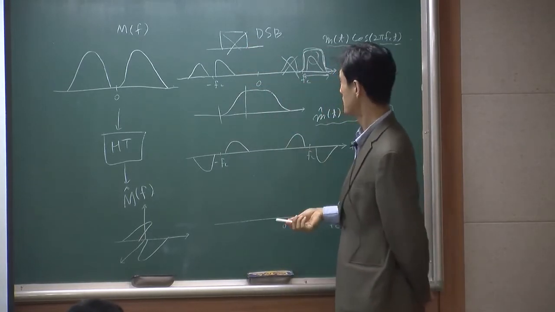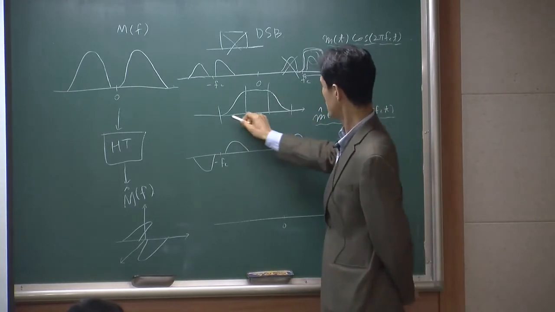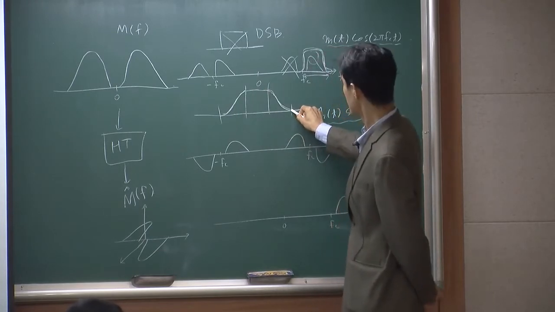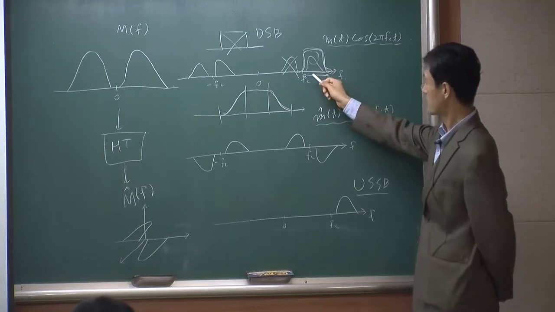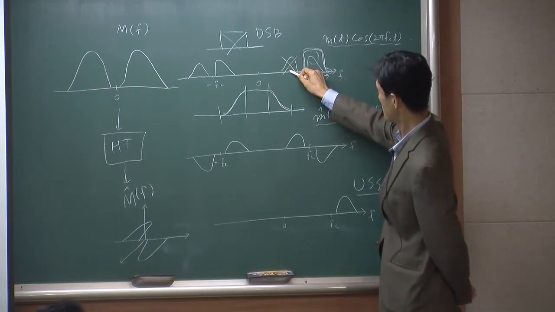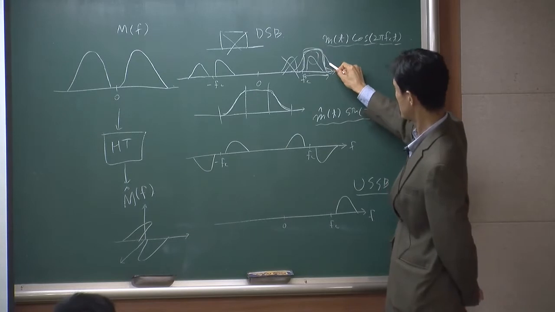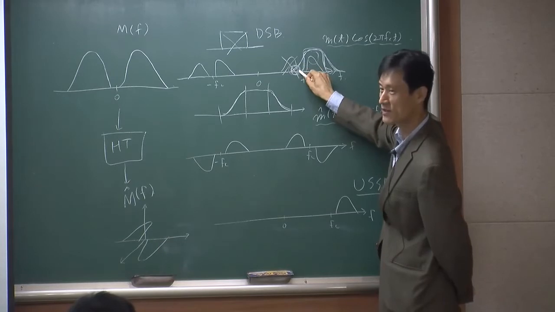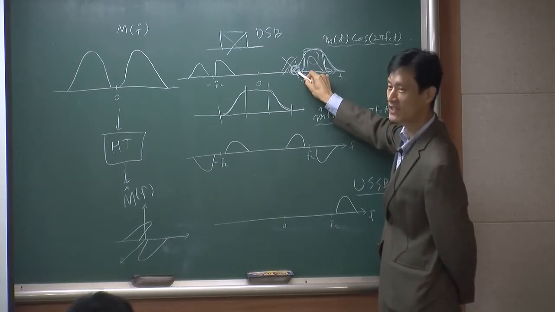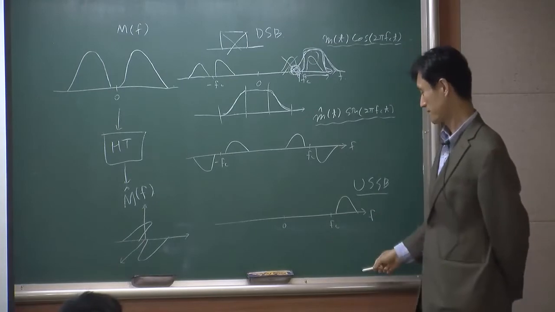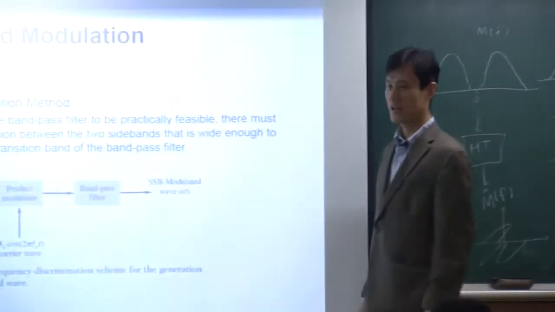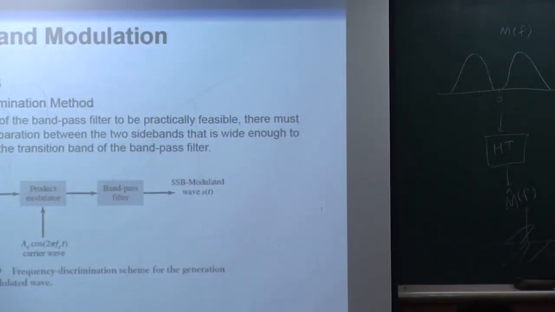So what mostly happens is you have roll-off, slowly going up, going down. So when you apply this kind of filter, if your filter response looks like this, then you're going to have some error here. You will have some unintended signal right here. We don't want that. So that's why this method may not be accurate. It looks simple, but it's not very good.